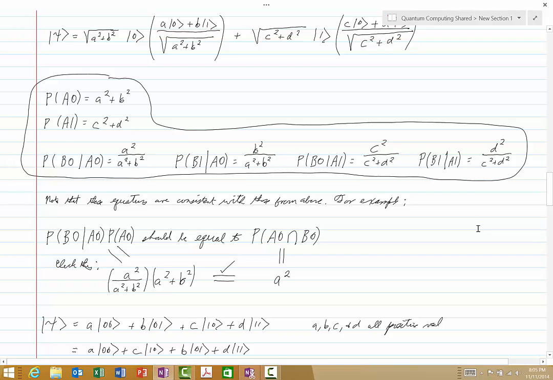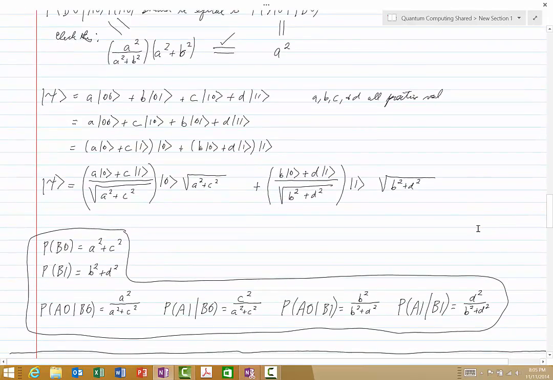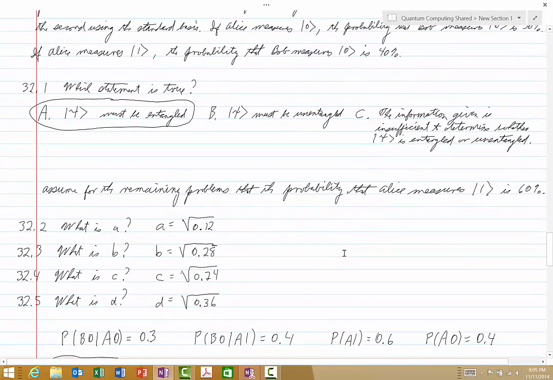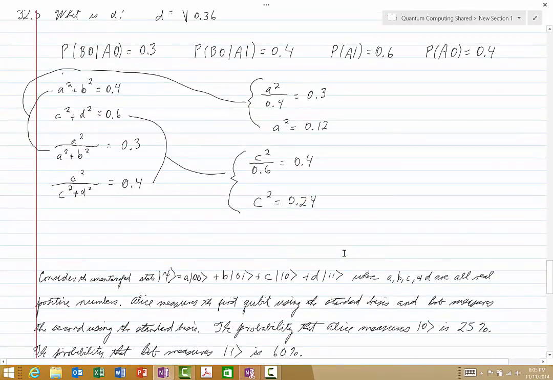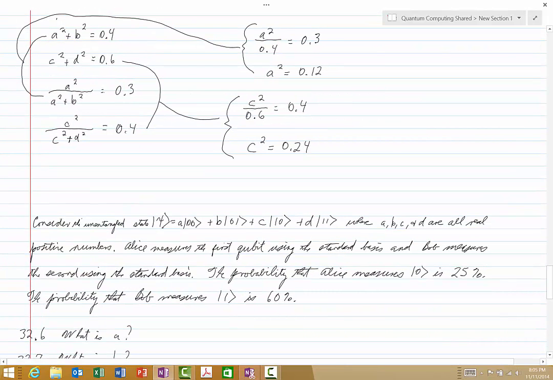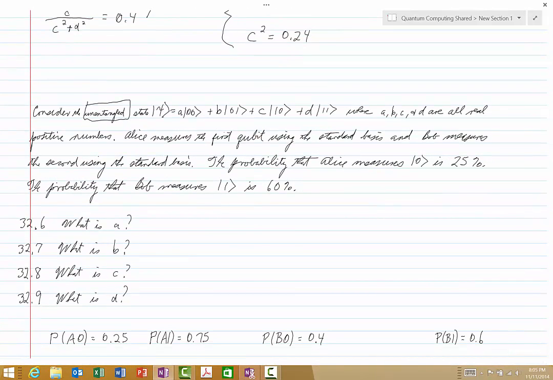So it looks initially like we're stuck until we look at this problem one more time and see that we're overlooking one critical word, and that is the word unentangled. Unentangled. And the fact that this is unentangled makes this actually very easy.